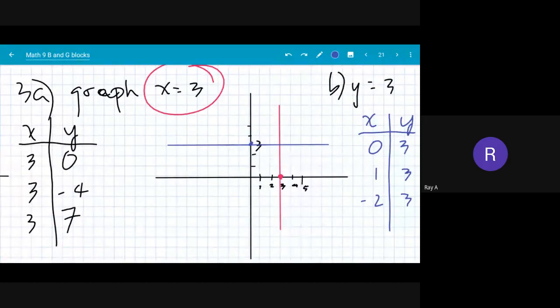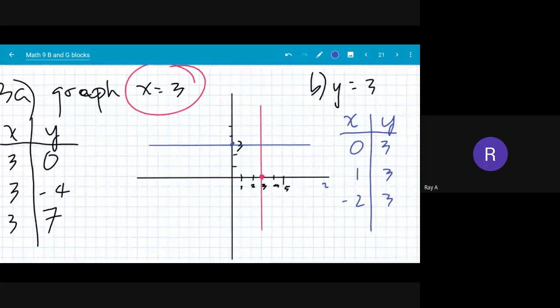It passes through the number 3 on the x-axis. While if you only have the y and no x, like in letter B, y is equal to 3, you are only going to have a horizontal line passing through the number 3. And I think that's about it for me for this section.